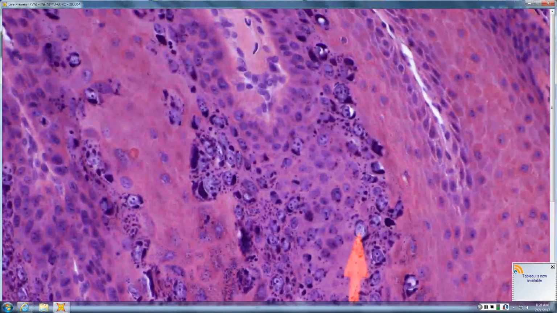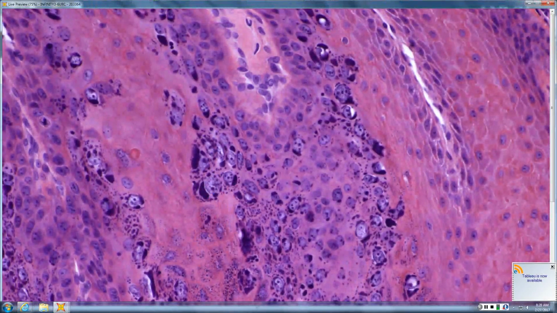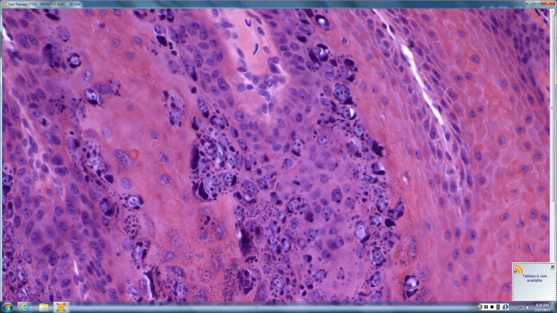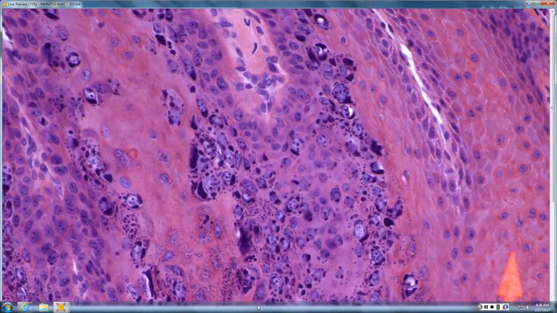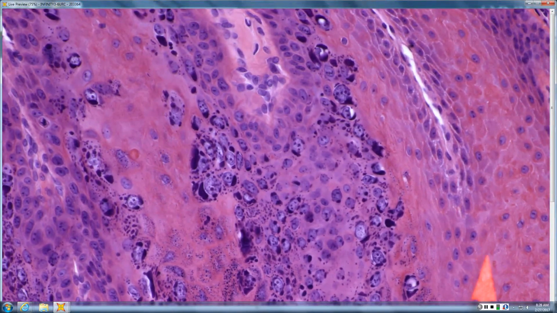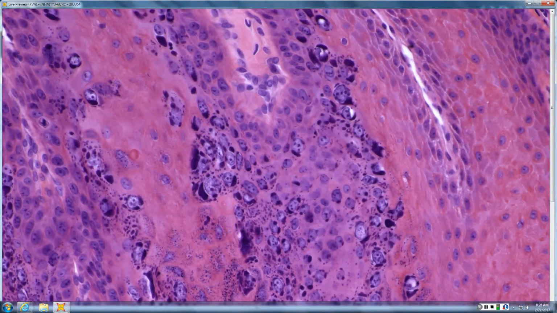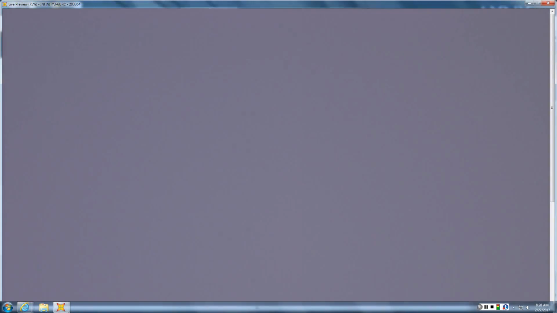And this koilocytic atypia, even though that's about a 40-pound nucleus, it's meaningless. If the atypia is restricted to the koilocytes, it's not a premalignant change. So you look at the surrounding skin and there's no atypia at all. In the high-risk HPV types, you get atypia of the surrounding skin. The bizarre extreme koilocytic atypia is absolutely meaningless. So, that's just a wart when you have that kind of koilocytic atypia.